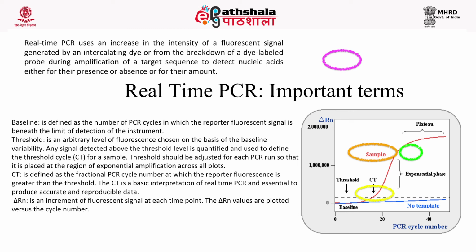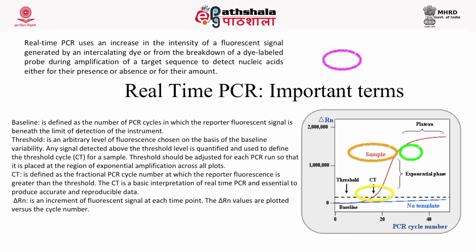The third important term here is the CT, that is threshold cycle number. CT is defined as the fractional PCR cycle number at which the reporter fluorescence is greater than the threshold. The CT is a basic interpretation of real-time PCR and essential to produce accurate and reproducible data.